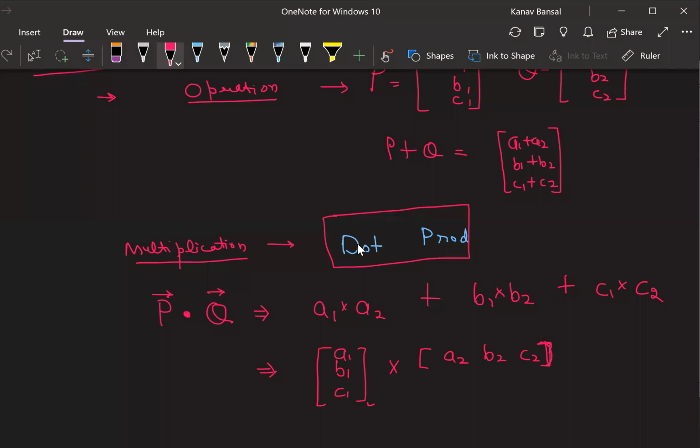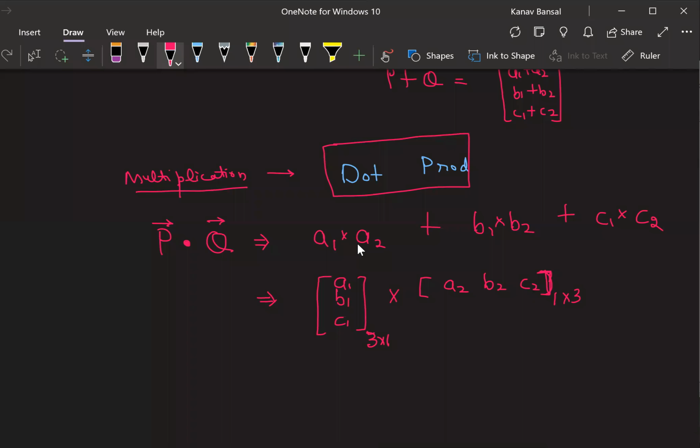What is this? It is 3 cross 1, and this is 1 cross 3. So what is this entire thing? If I try to multiply this, what will I get? First row with first column? Yes or no?